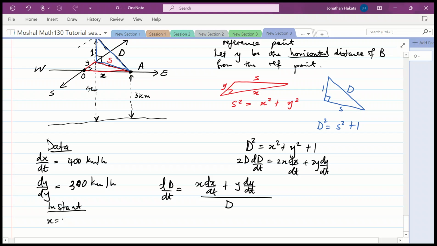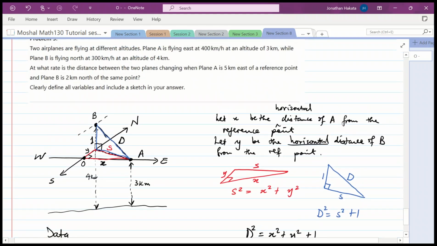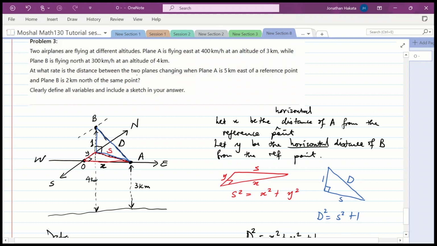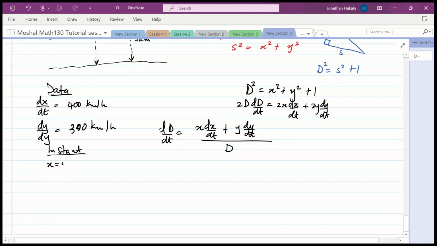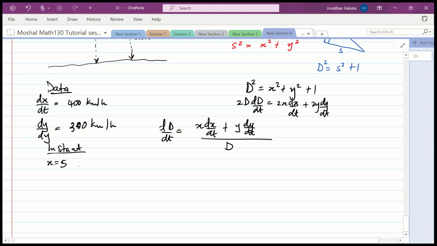If you go back to the question, it says 5. Okay? At what rate is the distance between the two planes changing when plane A is 5 kilometers east of the reference point and plane B is 2 kilometers north? Okay? So, at the instant when x is equal to 5 kilometers and y equal to 2 kilometers.